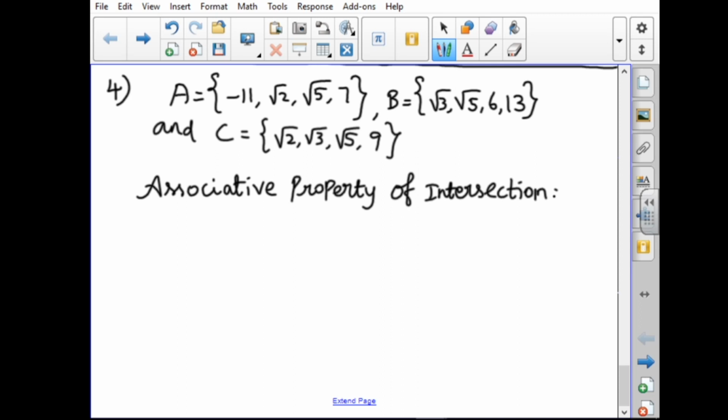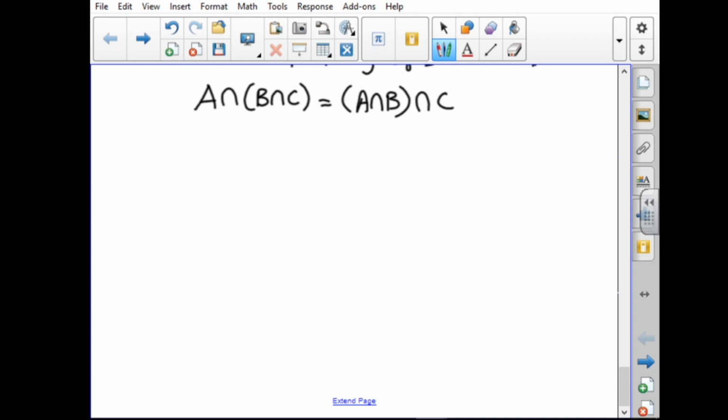So we know the condition for the associative property of intersection. What is that? A intersection (B intersection C) is equal to (A intersection B) intersection C. First we should take the LHS, that is the left hand side, A intersection (B intersection C).